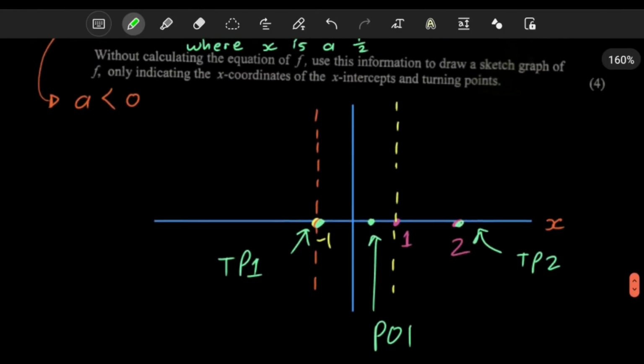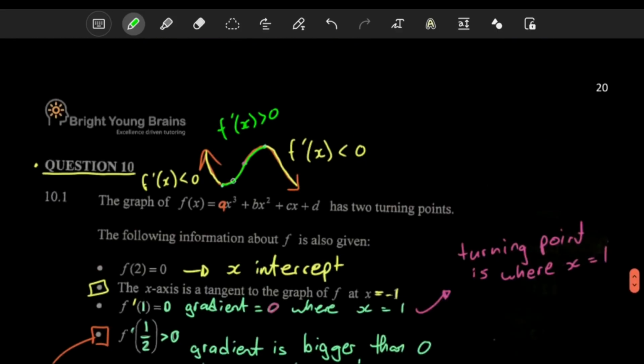So our point of inflection is a point in between our two turning points, somewhere where x is a half. And they told us that the gradient there is a positive number. So because the gradient there is positive, we know that our shape looks like this.